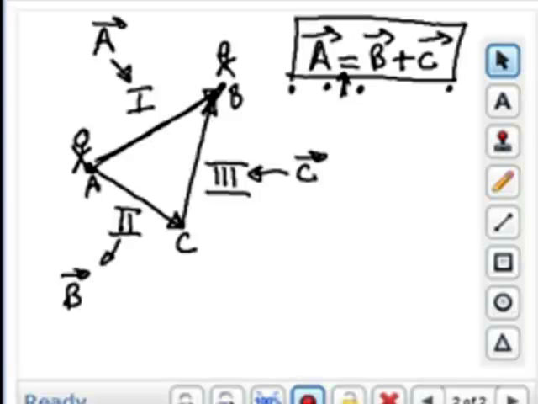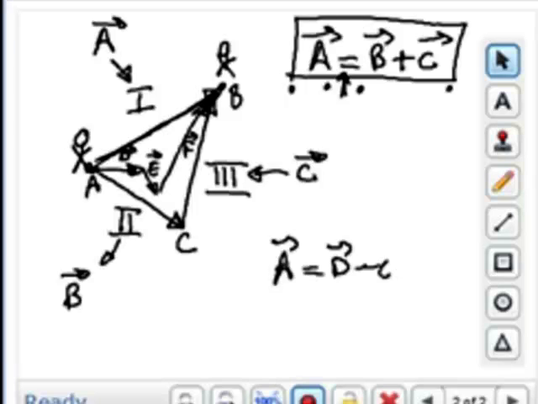Similarly, I can do it with 3 vectors. So if I call this D, I call this vector E, I call this vector F, then I can also write that vector A is D plus E plus F.